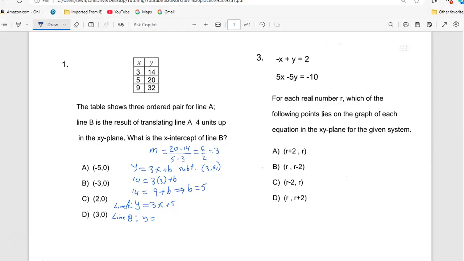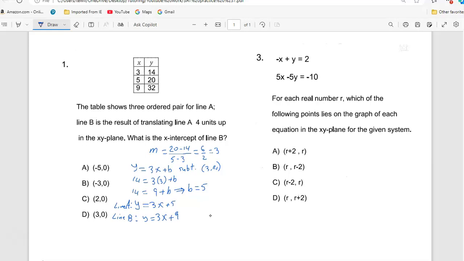Y for A is 3x plus 5, so y for B will be 3x plus 5 plus 4, so it will be 3x plus 9. That is the equation for line B.